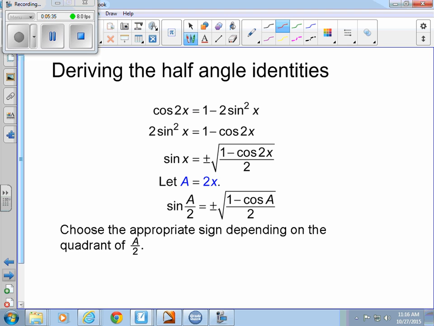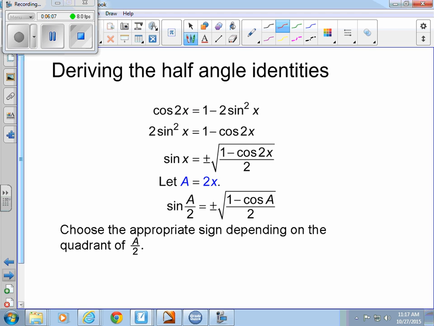With a little bit of rearrangement, wouldn't sine of x be plus or minus the square root of 1 minus cosine of 2x over 2? Everyone see how that works?